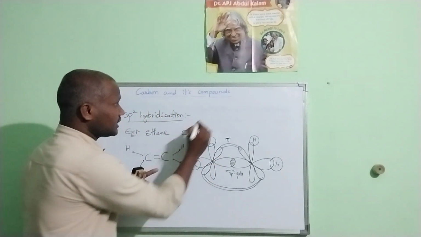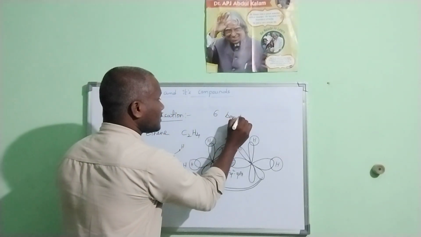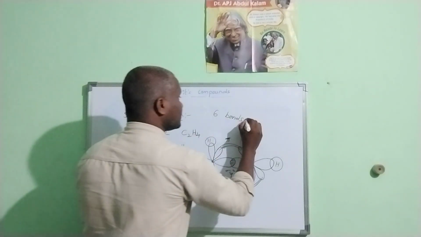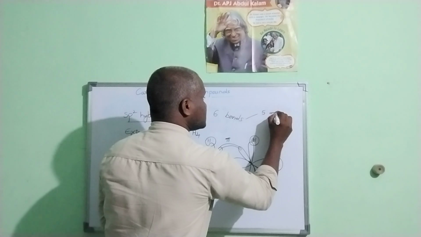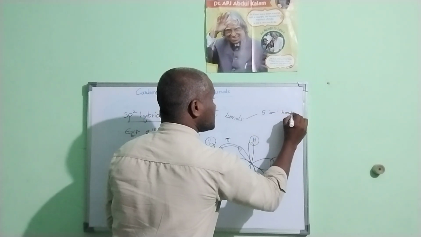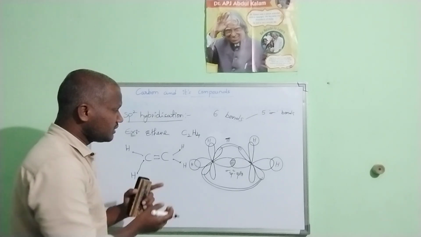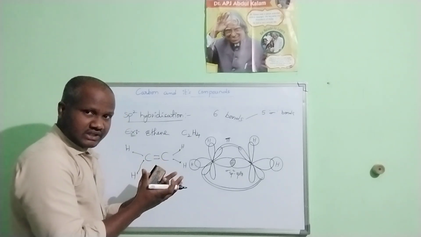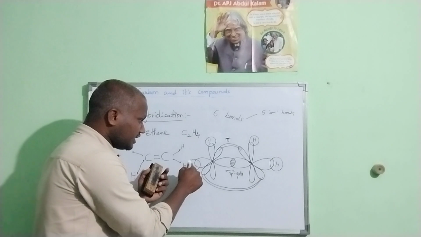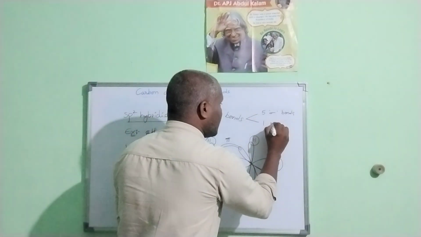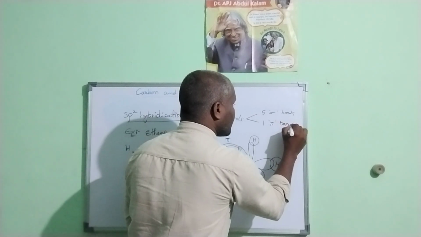So here we can see total 6 bonds. 6 bonds are present in the ethene molecule. Out of these 6 bonds, 5 bonds are sigma bonds. A sigma bond is a very strong bond formed due to overlap, that is hybridization, end to end of orbitals between the individual atoms, and 1 pi bond we can see.